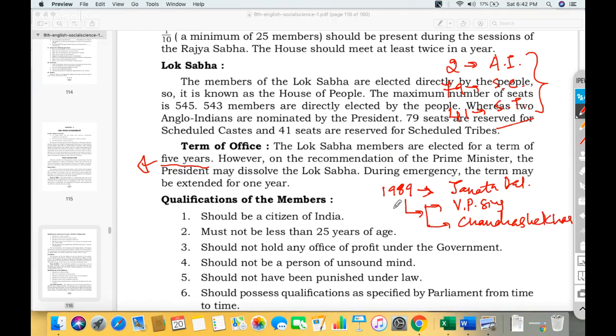But the government fell in 1991 because it was a coalition government, and the people who were supporting the government withdrew their support, and the government fell in only 2 years. So it should be understood that the members of Lok Sabha are elected for a maximum term of 5 years. It can be less than 5 years if the government does not have the support of 272 MPs. However, on the recommendation of the Prime Minister, the President may dissolve the Lok Sabha.